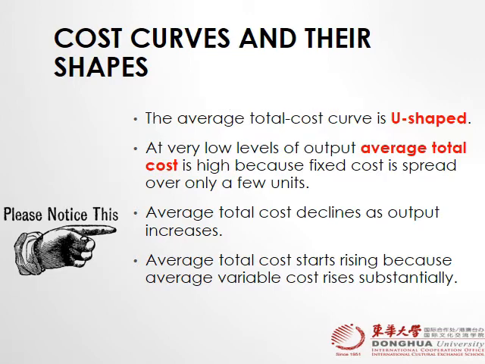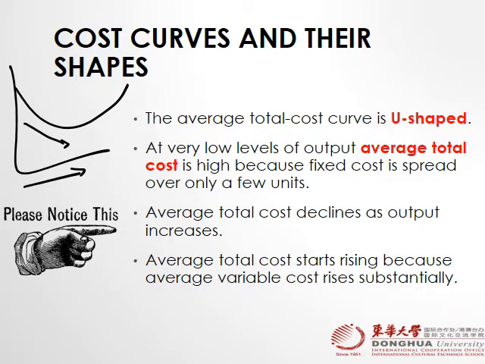So then average total cost declines as output increases. Look at the U shape. When output increases, average total cost starts declining. And then average total cost starts rising because average variable cost starts rising. So in this part, average total cost again starts rising.